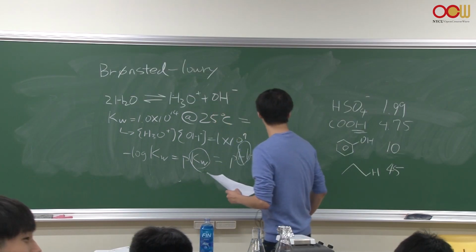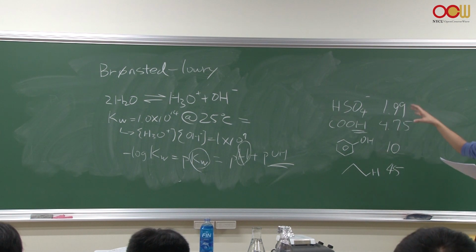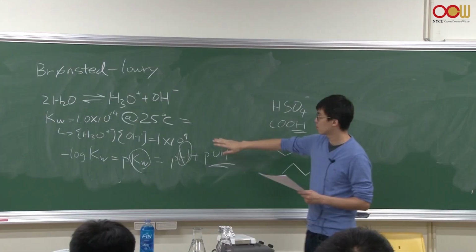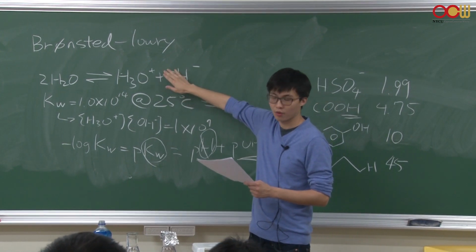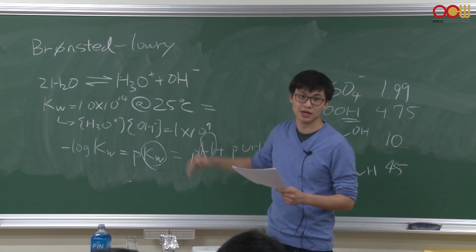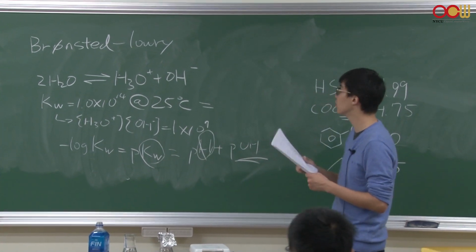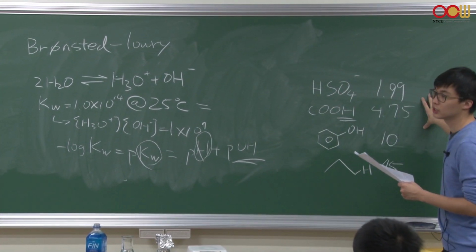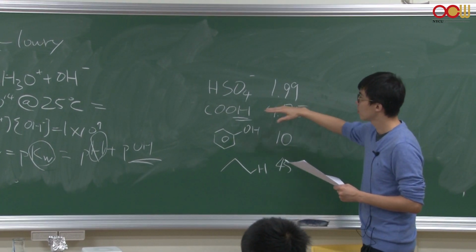Okay, so a more acidic compound is going to have a very low pKa. We can calculate Kb using the equation where we focus on the amount of hydroxide being formed in the reaction. So these concepts are interchangeable, but let's go back to the discussion of relative acidity, okay?